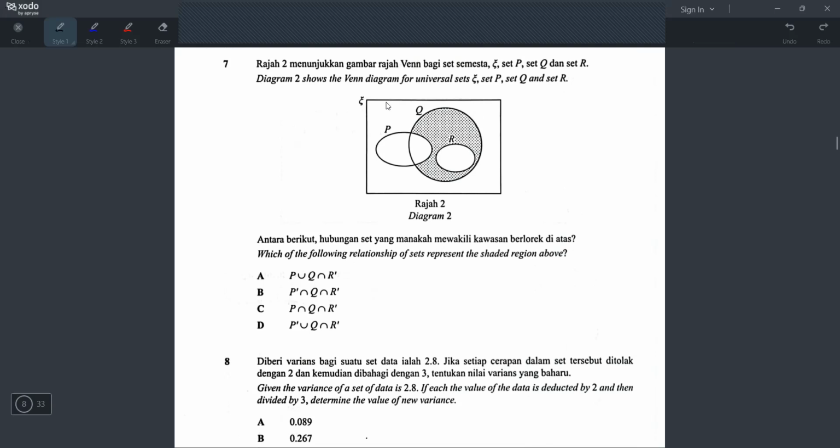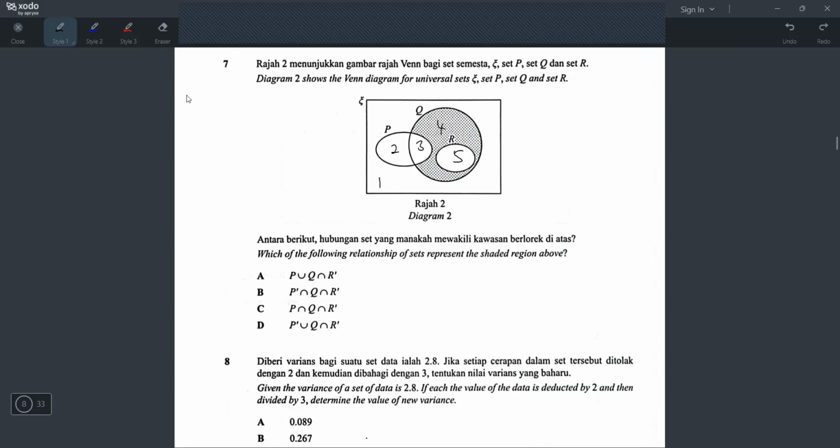Diagram 2 shows a Venn diagram for a universal set, set P, set Q, set R. So this is the universal set, and they already shaded one region here. Which of the following relationships of sets represents the shaded region above? To find out, I will use this method: I will label all the regions with numbers, 1, 2, 3, 4, 5.